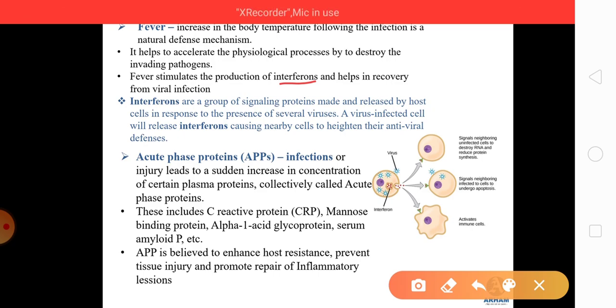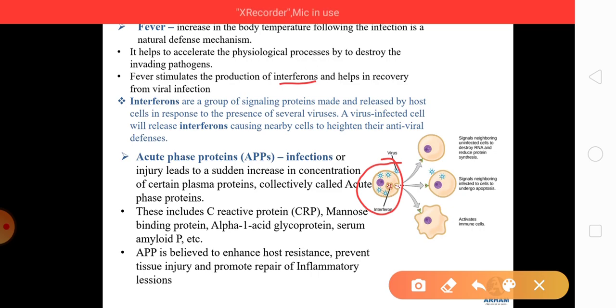So a virus infected cell in our body will release these interferons, causing nearby cells to heighten their antiviral activity or antiviral defense. If you see in this picture, this is a virus infected cell in the body, and it is releasing certain signaling proteins, which are known as interferons.